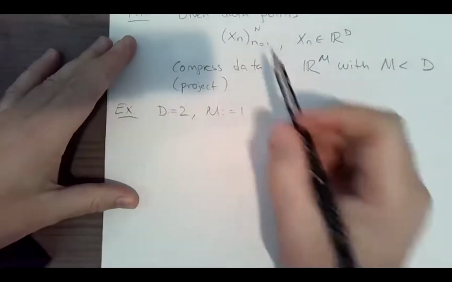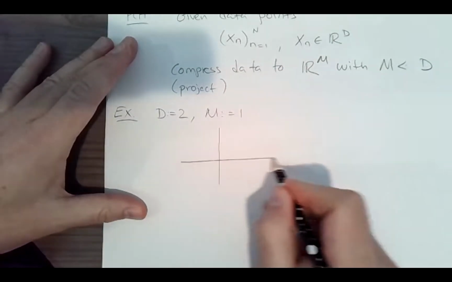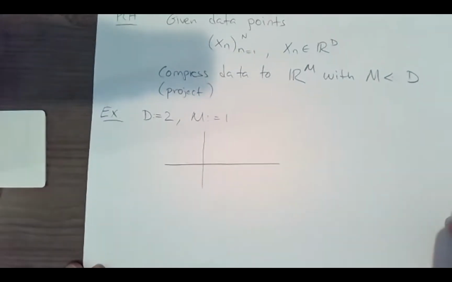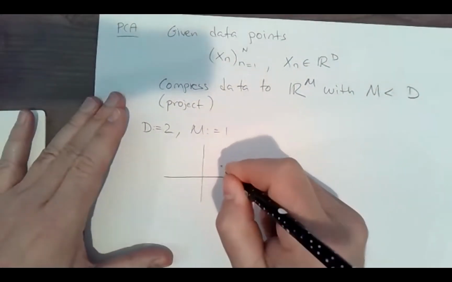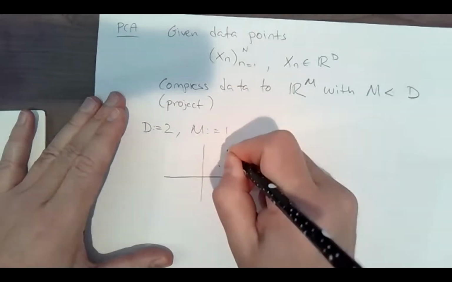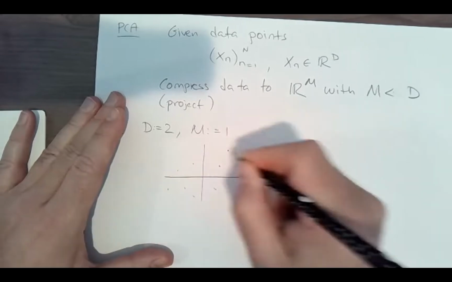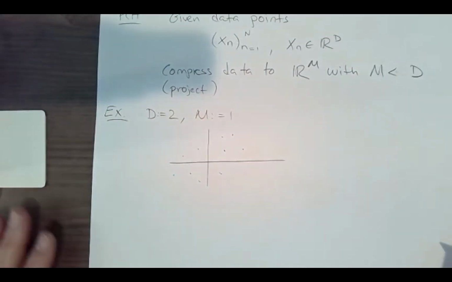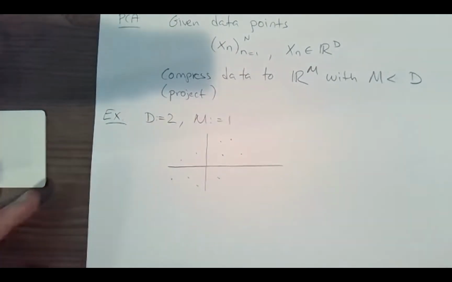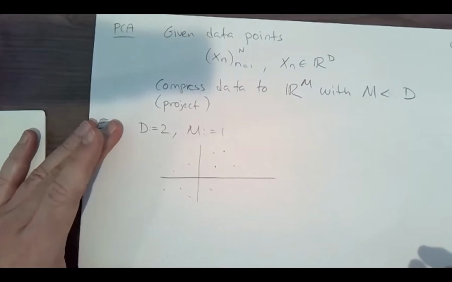We have these points scattered around in here. These are my x_n's floating around.